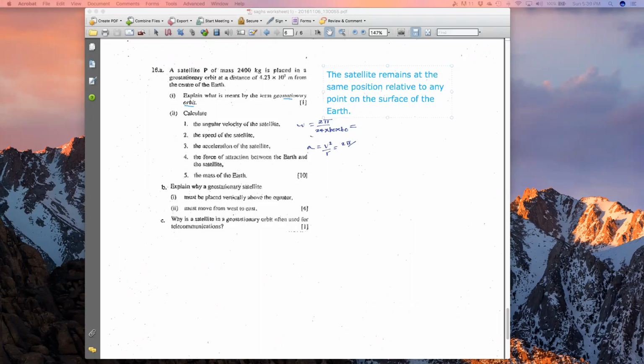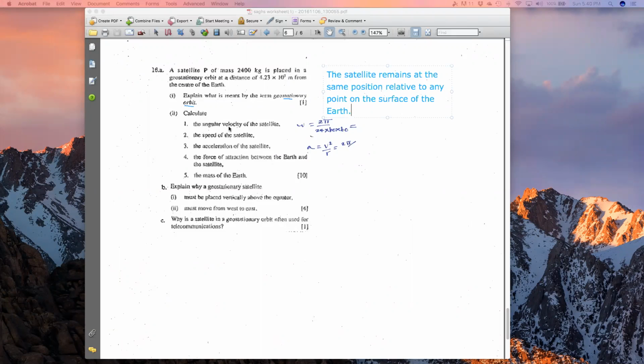The satellite remains at the same point, the same position, relative to any point on the surface of the Earth. That's by definition. It's also in the gravitation handout that you got last day in class, that definition of what geostationary is. And when I get to that point, I'll go into more explanation. That's it in a short word.